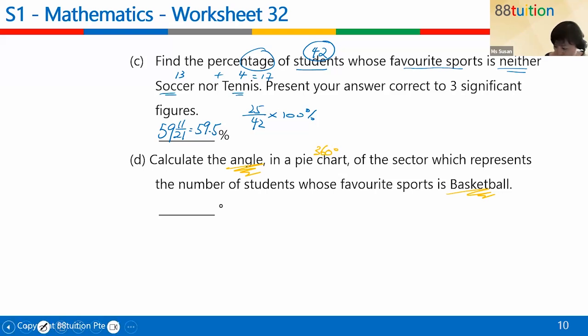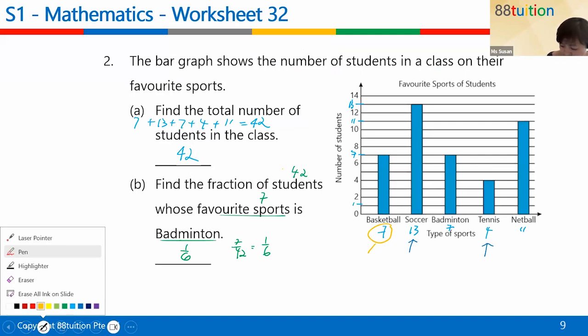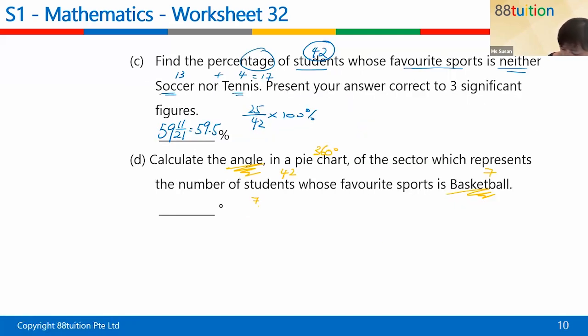So I need to check what my basketball is here, actually it's 7. So basketball is 7 out of the total students, which is 42. Now, you know that the whole thing is 360, so I multiply this, and it gives 60 degrees, because this is 6 times 60. Okay. That's for question number 2.